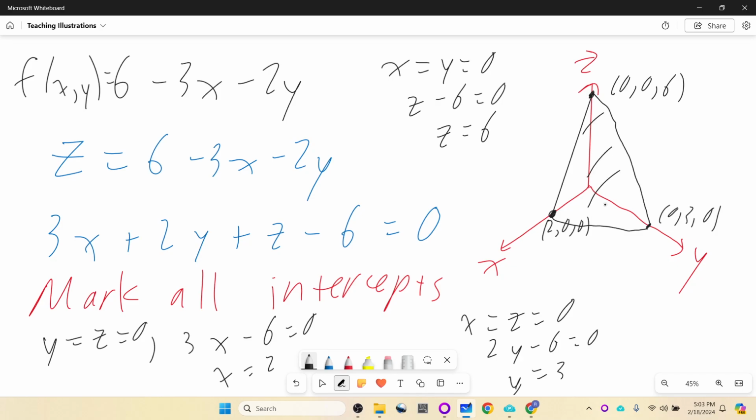We got a triangle, and I would shade it in to indicate that it keeps going. Maybe put some little dotted lines off to the side to indicate that. But that's how I would draw a plane. I would just draw the piece of it in the first octant, draw the intercept, we can show the part where everything's positive, and then just understand it keeps going.